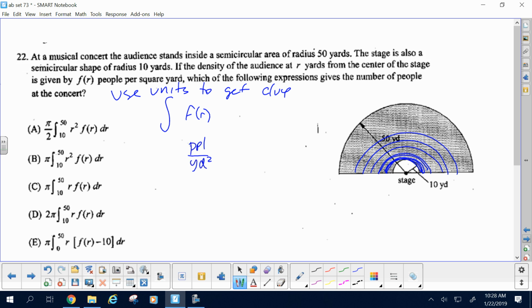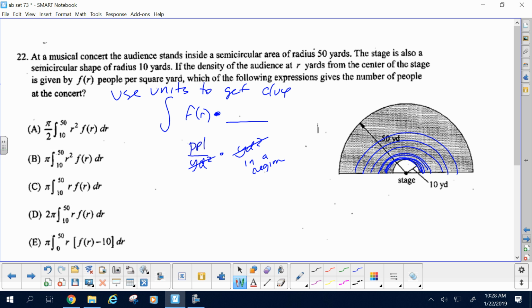To get people, you would then have to multiply that by how many square yards in a region. Then those would cancel and you get people. Okay, so that's the big idea. You need to take the density function times how much area in a region. Cool?